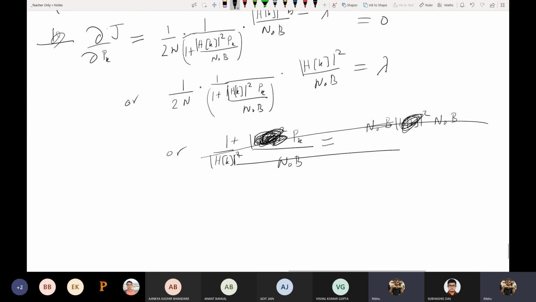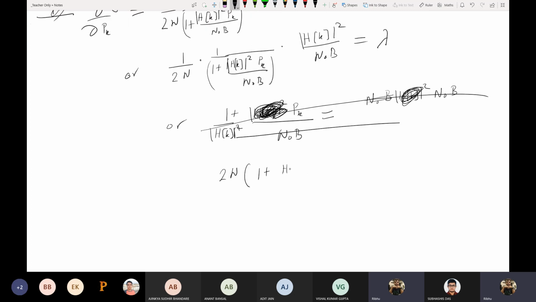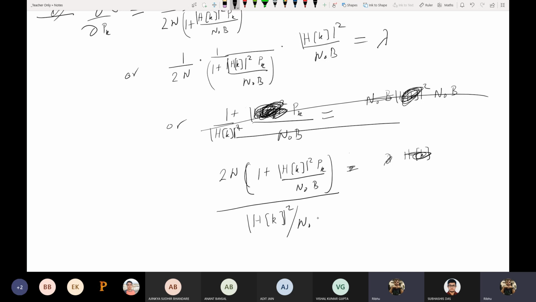So I take the reciprocal: 2n times 1 plus hk squared pk equals ... divided by hk squared by b.